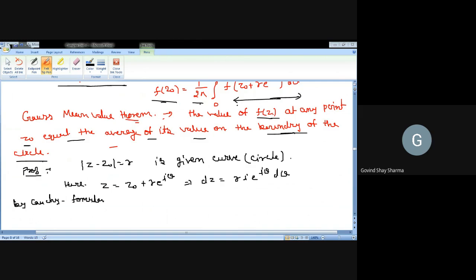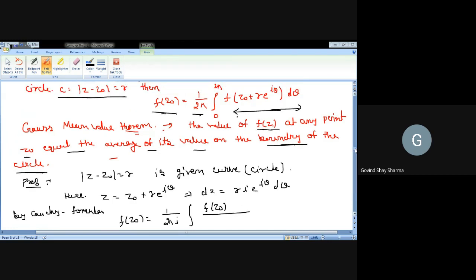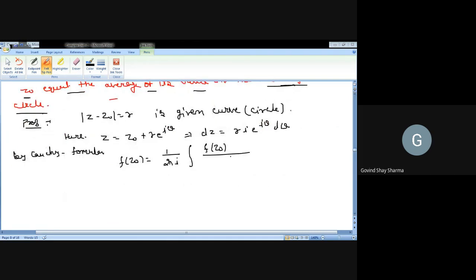By Cauchy formula, f(z0) is equal to 1 upon 2 pi i.